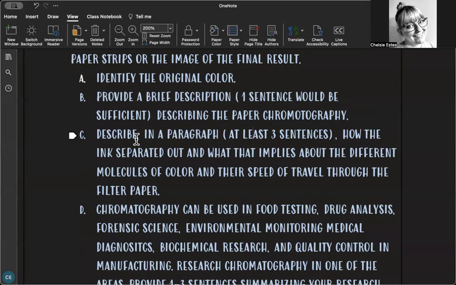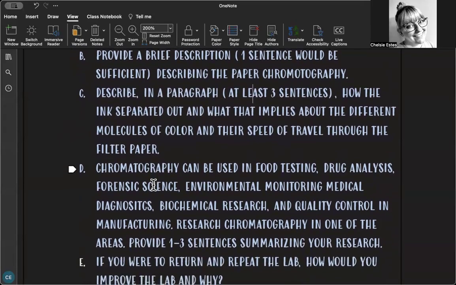Okay, C, describe in a paragraph, so at least 3 sentences, how the ink separated out and what that implies about the different molecules of color and their speed of travel through the filter paper. Remember, larger items move slower, but that also means they filter faster because they're not going to move out.